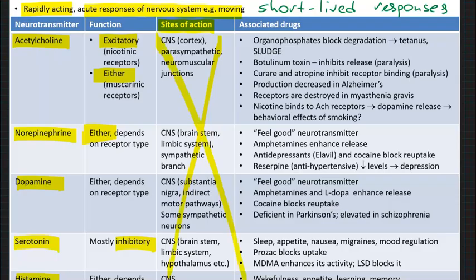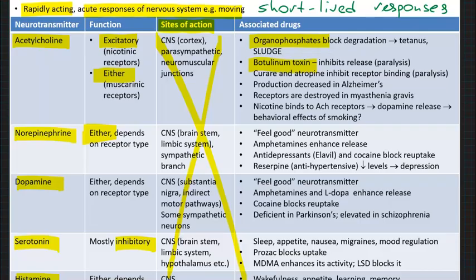I 100% promise you that. And you don't need to memorize the associated drugs. But this last column will be very useful when you prepare for the questions about agonists and antagonists. And this is something I'm going to be talking about in a very short time.